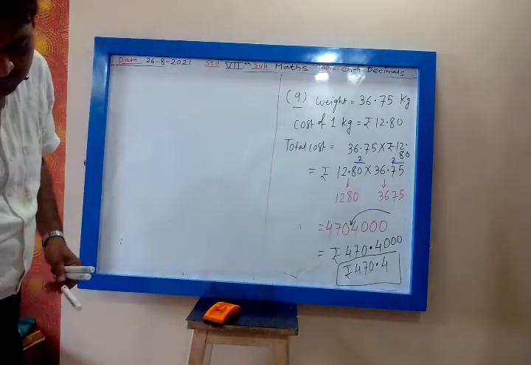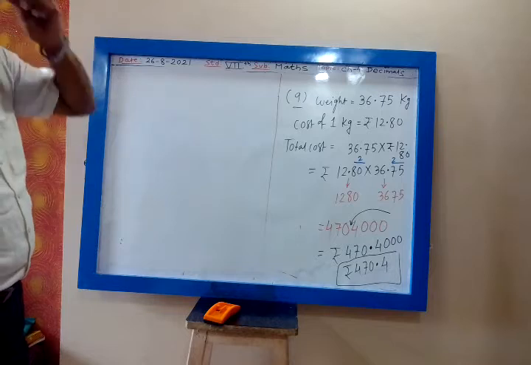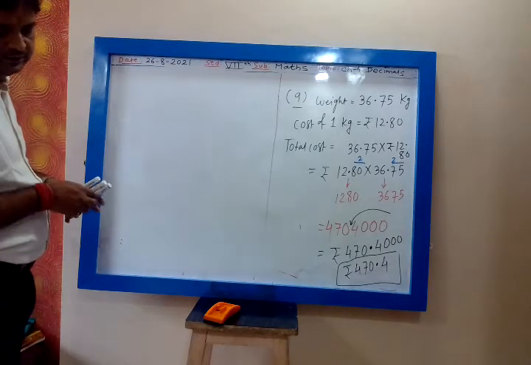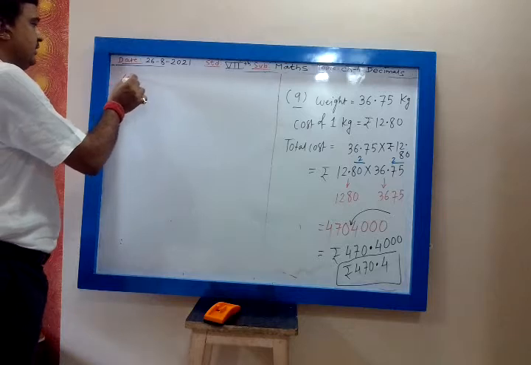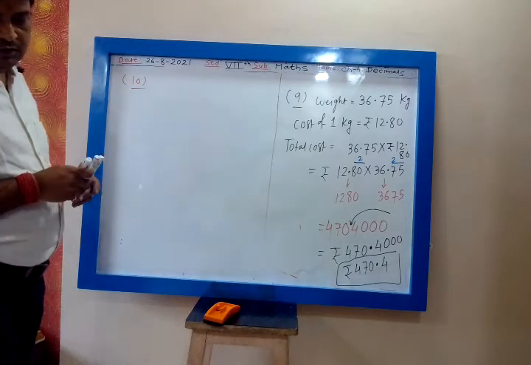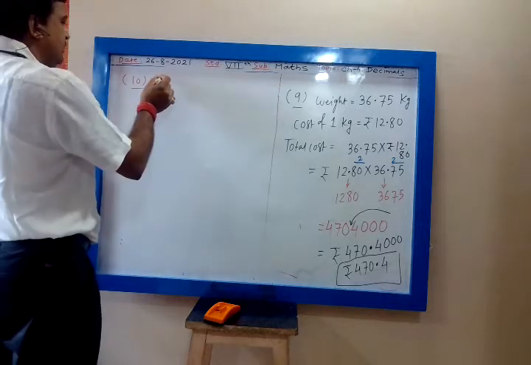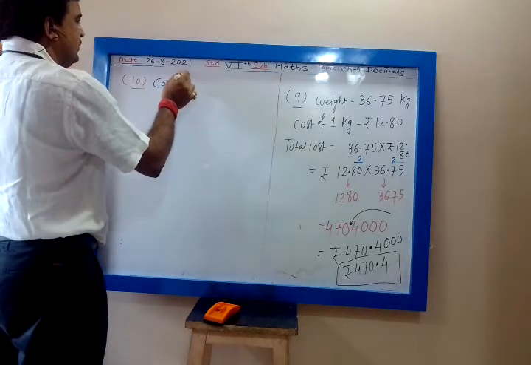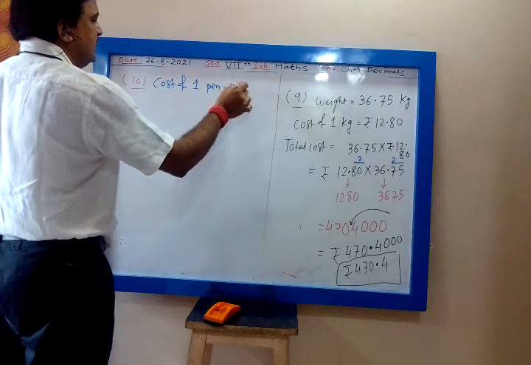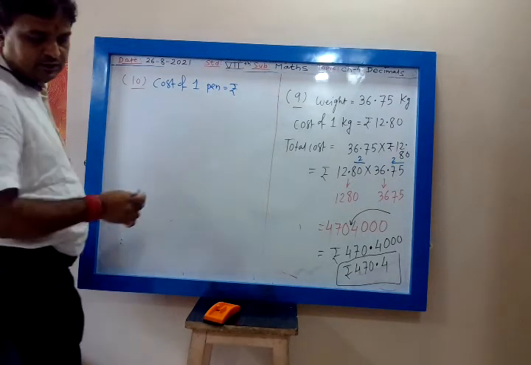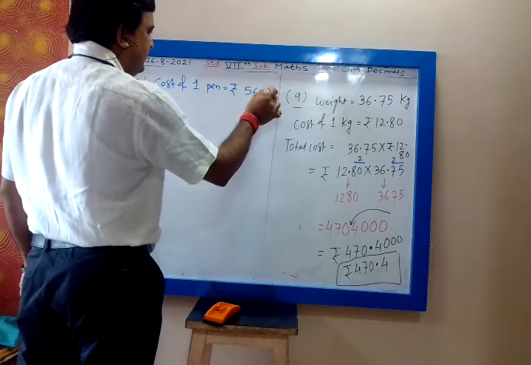Then 10th one: the cost of a pen is this. Find the cost of 16 such pens. A pen means one pen. So cost of one pen is rupees 56.15.